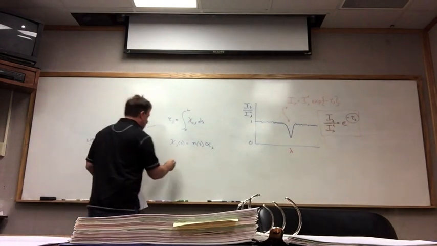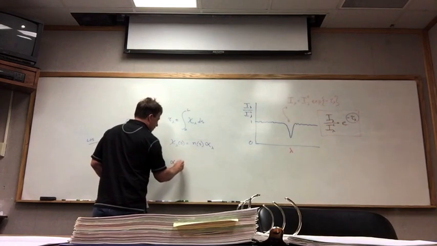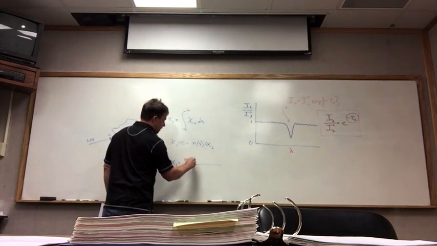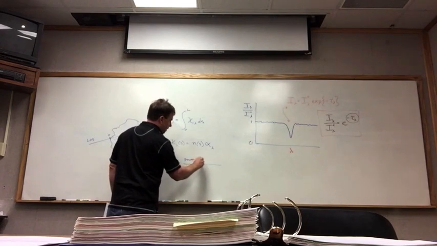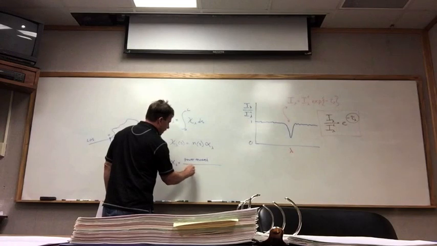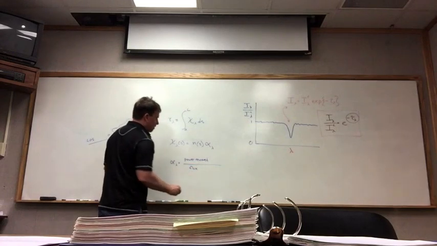Cross-section is defined as the power removed from the beam divided by the flux in the beam.